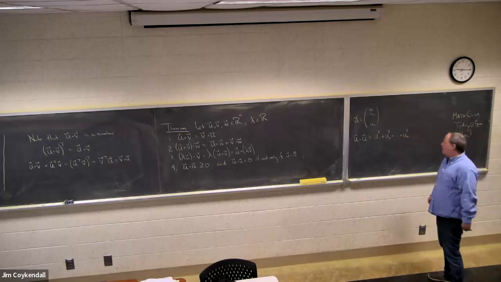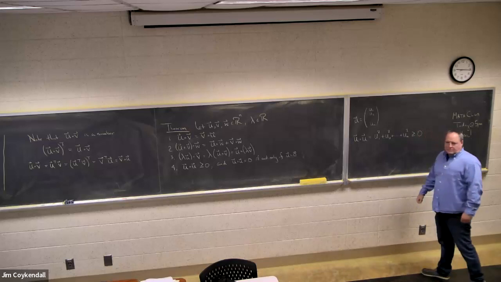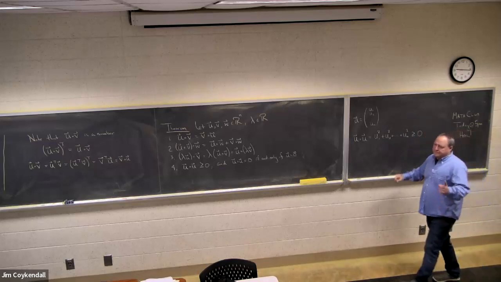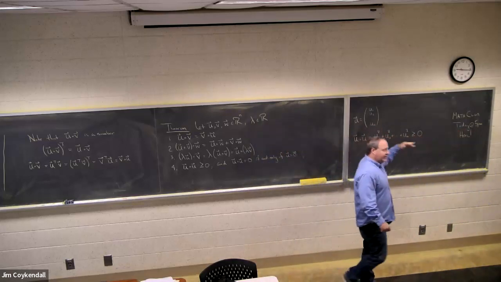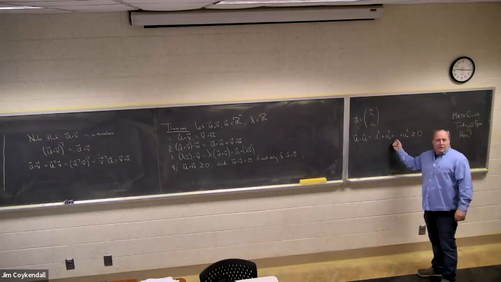Well, when you add up a bunch of squares, and of course it's important that these are real numbers, not complex numbers, otherwise you could have i squared equal to -1. But here in the reals, if you square anything, it's greater than or equal to 0. No negatives allowed. So the dot product of any real vector with itself is greater than or equal to 0.